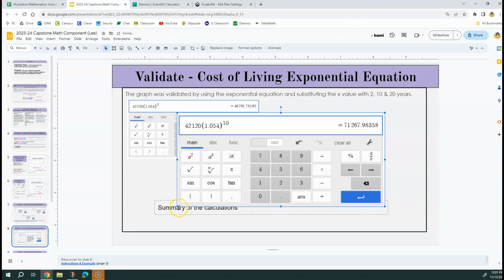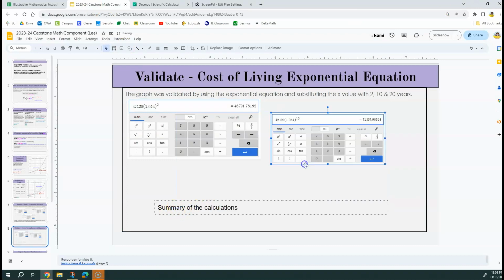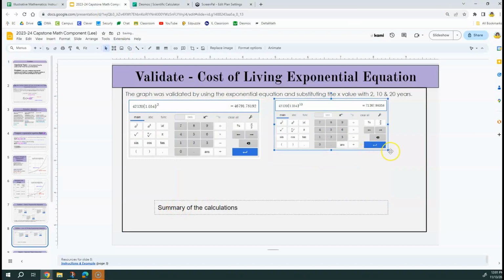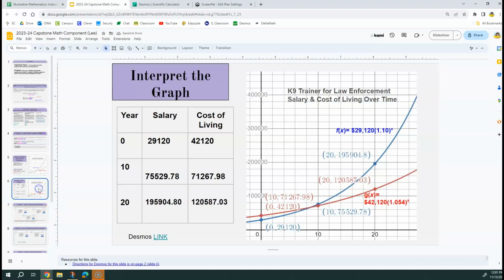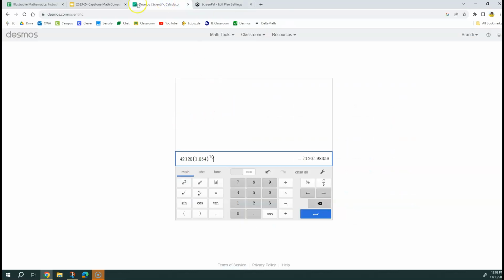paste. Okay, and once again, this validate piece is simply proving that the numbers that you got on slide 7 here with the graphs and then the tables, that they do indeed match up. So it's that proof piece. And then again, coming back here and typing in those 20 years.